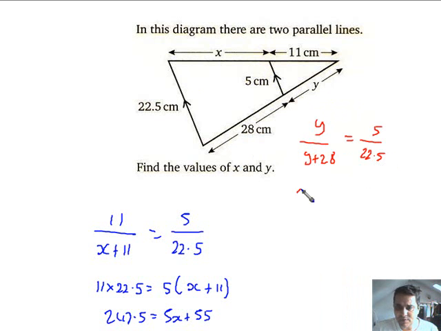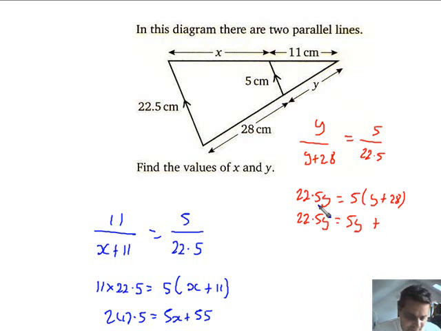Okay, so cross multiply. I've got 22.5 y's on this side equals 5 lots of y plus 28 on this side, multiplying out. 5y plus, what 5 28s are, quickly ask the machine. That gives me 140.